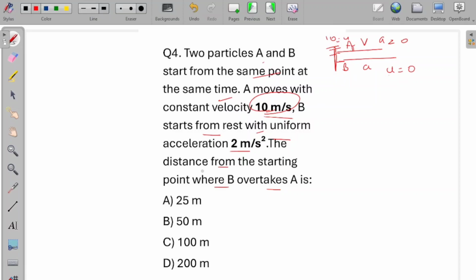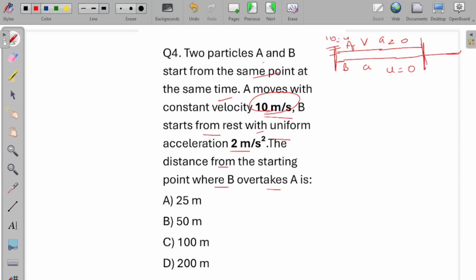Now, do we have something else? Now, question is saying the distance from the starting point where B overtakes A. At some point on their journey, B is about to overtake A. They both are still moving, but B is about to overtake A, and the distance, that displacement at the point at which this happens has been asked.